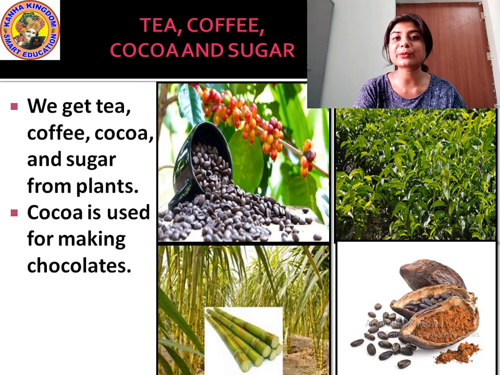The chocolate that you eat is made from cocoa, and this cocoa is obtained from the cocoa plant. The sugar that you eat is obtained from sugar cane. The juice of sugar cane is used to make sugar. Understood? Sugar is made from sugar cane.